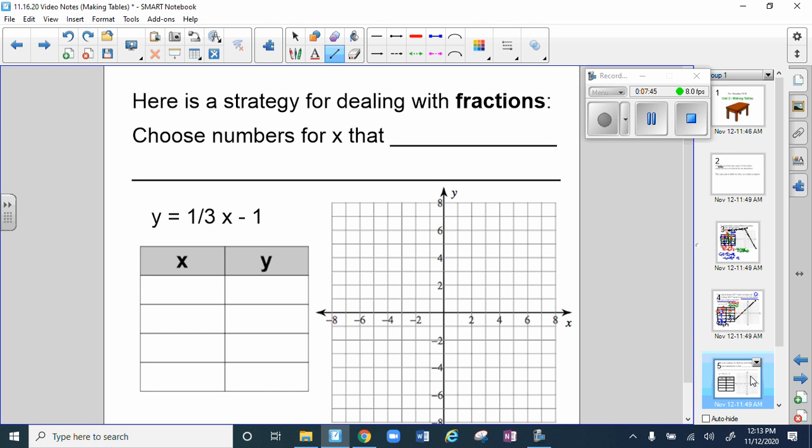All right, here is a strategy for dealing with fractions. If you have a fraction in your equation, here I have 1/3 x minus 1. So I can choose numbers for x that are multiples, which means that I'm taking the number and multiplying it. So they're multiples of the denominator.